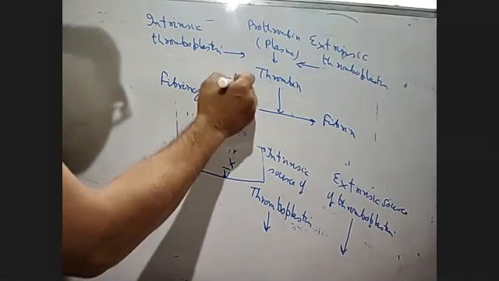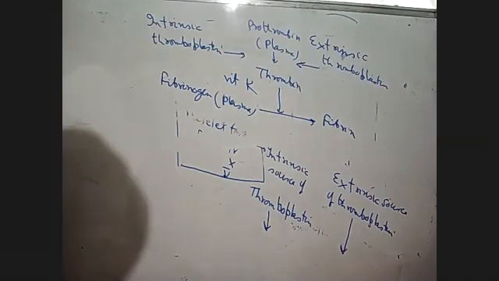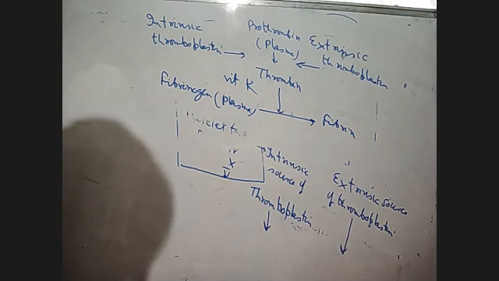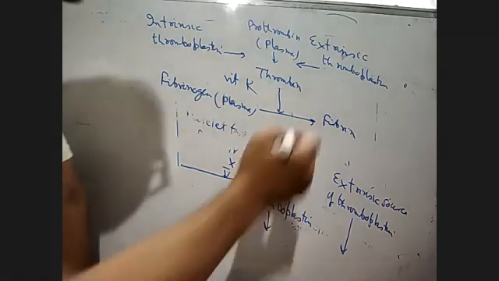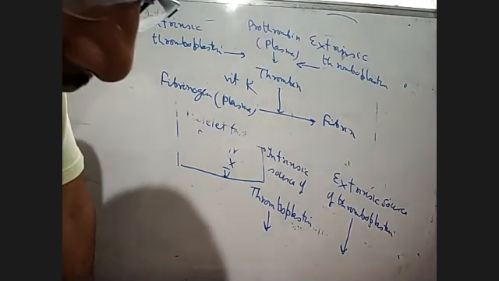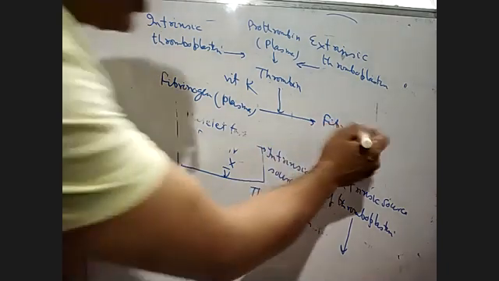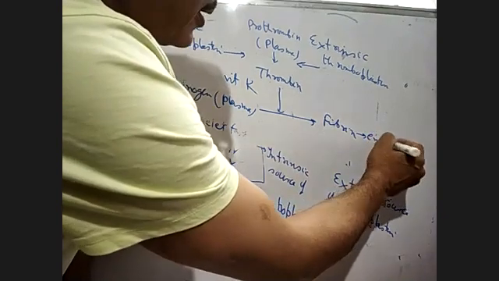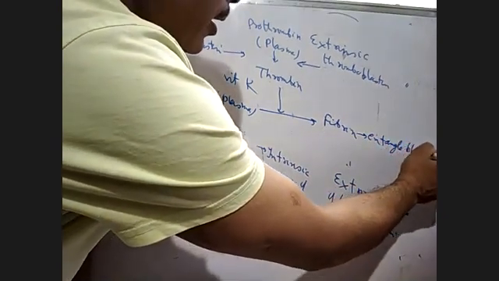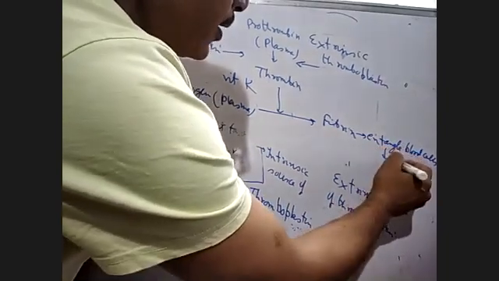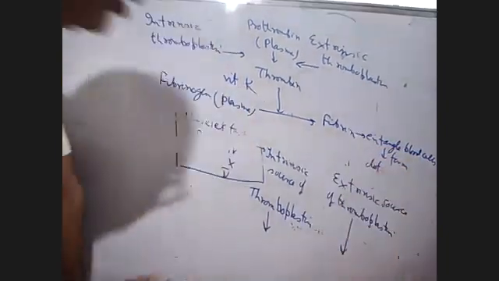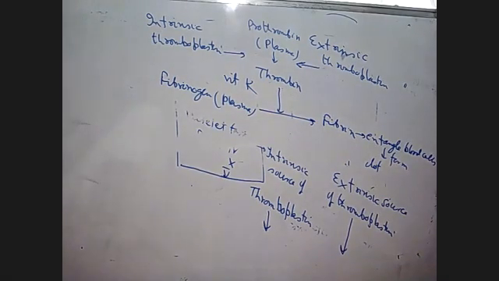Also here we require vitamin K and factor 4, the calcium ion we have already written. Fibrin will entangle blood cells and form the clot. So this is the story of the blood clotting mechanism.